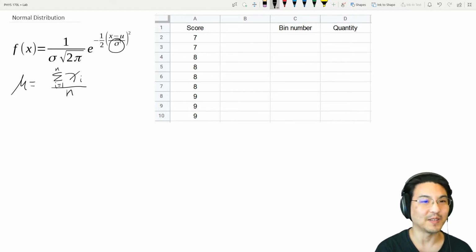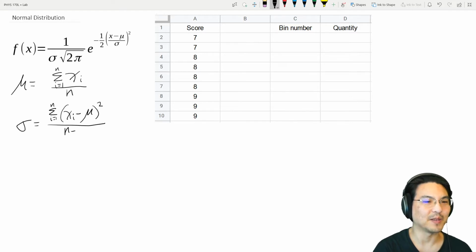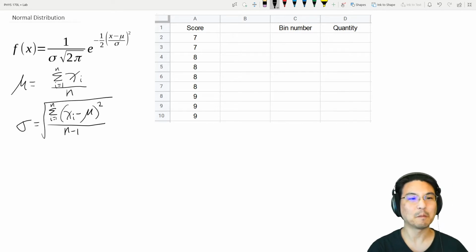And then for the standard deviation, we need this mean. So then you take whatever data point, take the difference between that and the mean, square it, add all of these up, divided by n minus 1, and take the square root of this. Okay, so that's standard deviation.